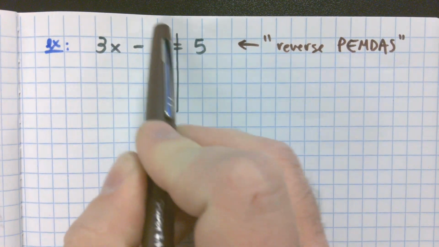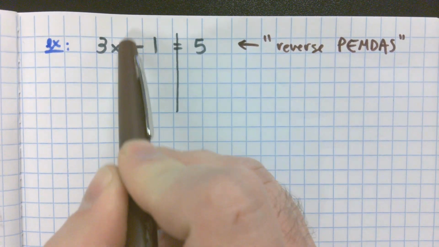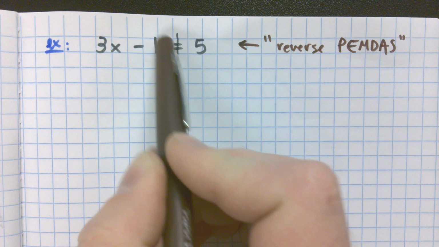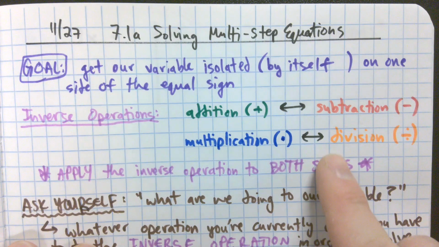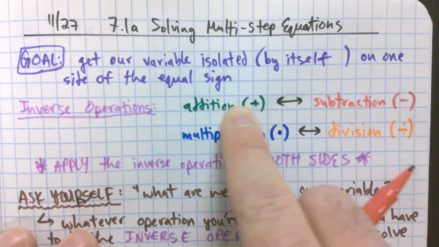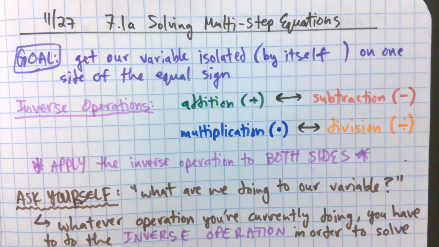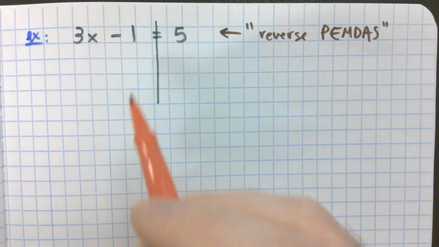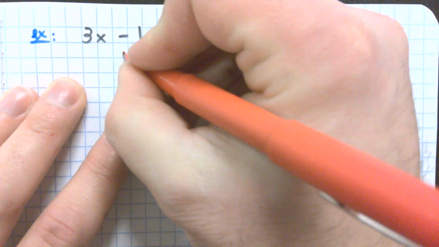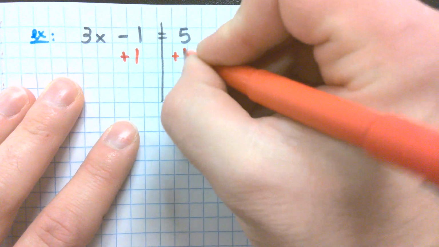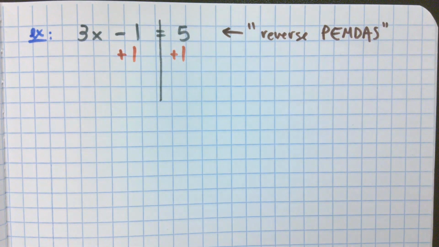We see we've got some subtraction here. What would the inverse of subtraction be? Adding. So if we're subtracting by 1, the inverse of that would be to add 1 to both sides.